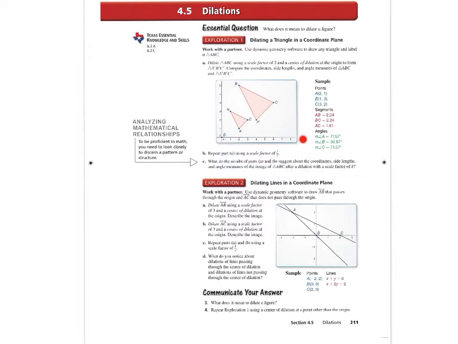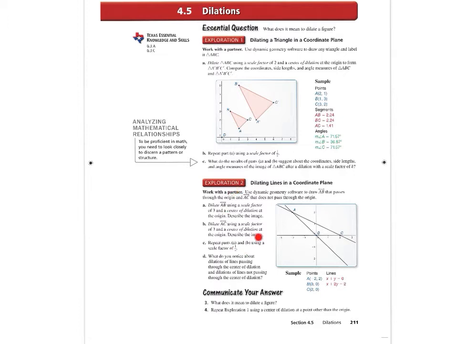If you follow all of these steps using your graphing calculator, creating your pre-image and dilating to get your image, and then finding lengths of segments and measures of your angles, you can compare the pre-image to the image and make some conjectures about what it means to dilate a figure.